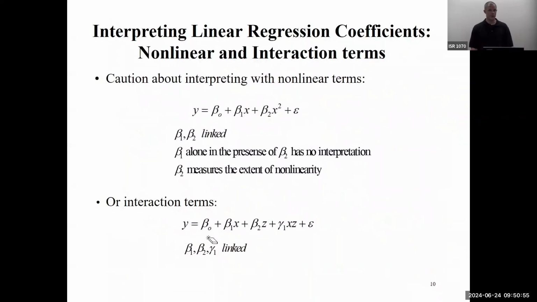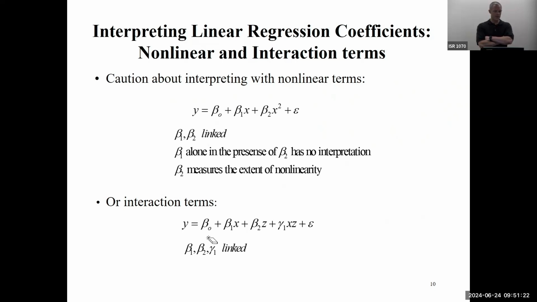Interactions and nonlinear terms. That's another very important part of thinking about the specification of regression models. So we definitely have to use caution when interpreting linear models that include these regression parameters that define nonlinear relationships, like we talked about earlier. So when beta 1 and beta 2 are both associated with the values on a predictor variable x, they're linked to each other.